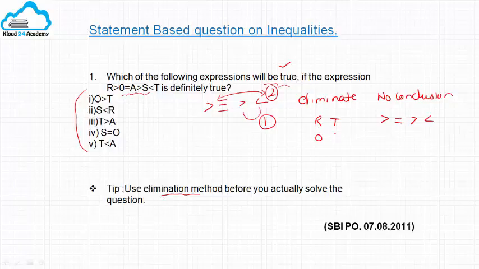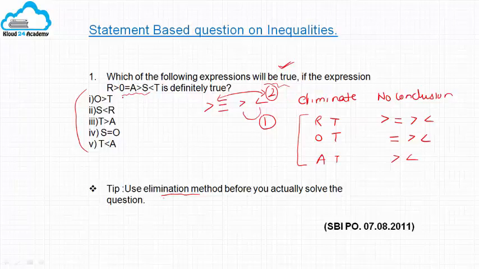Between O and T again we have no conclusion and the symbols are equal to, greater than and less than. In A and T also we have no conclusion, which are greater than and less than. So these are the cases where we have no conclusion. Let's eliminate these cases so that we can find the expressions which are true.